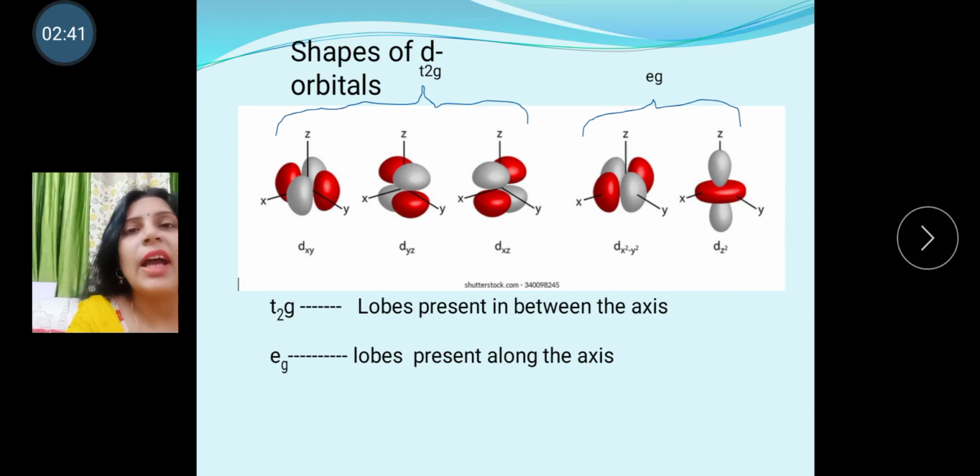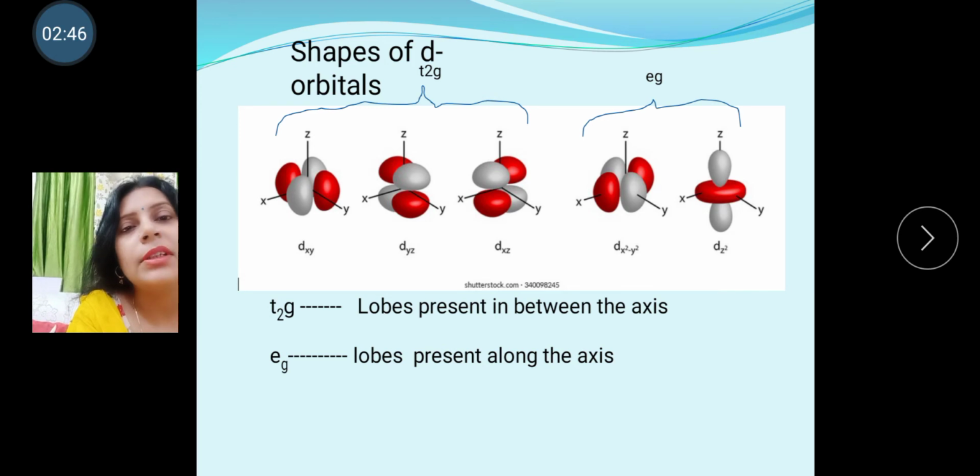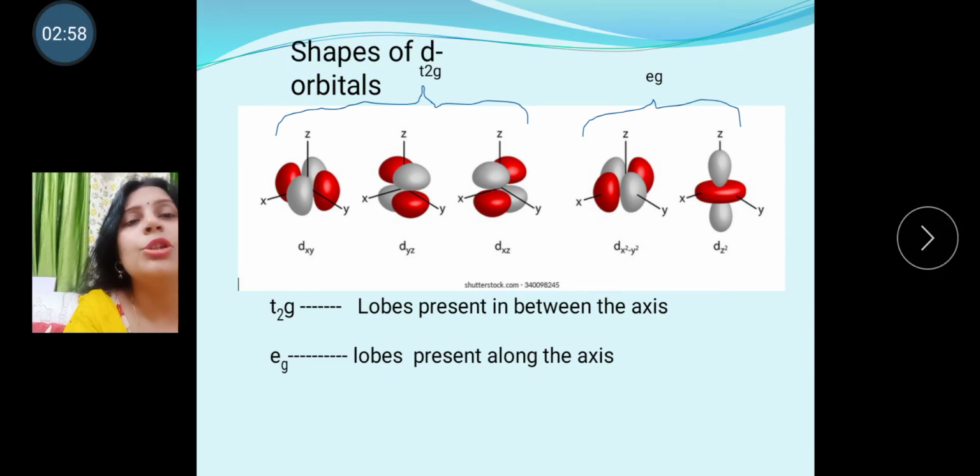Out of these five, the three orbitals dxy, dyz, dxz have their lobes present in between the axes. As you can see, there is the x-axis, y-axis and z-axis, and these lobes are present in between these axes.